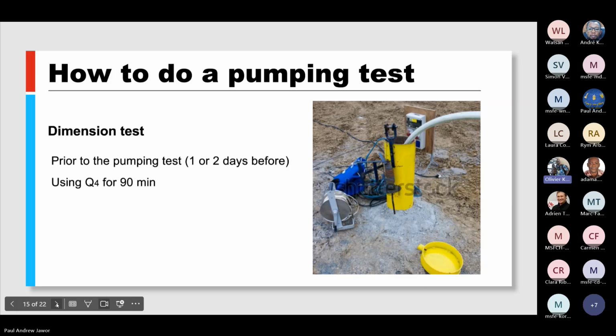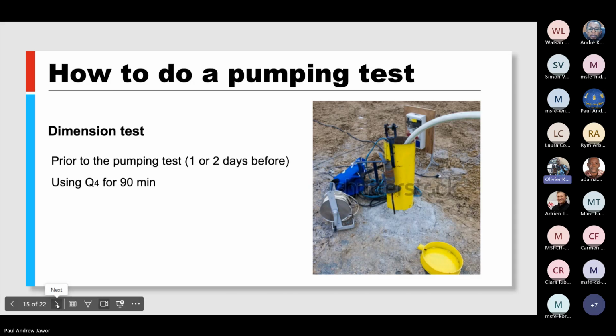Okay, this is the dimension pump test I have mentioned a little bit before. The idea is that before the pumping test, we regulate our valves to set each of the positions that will give us the required flows we have defined for the pump test, with the maximum rate.